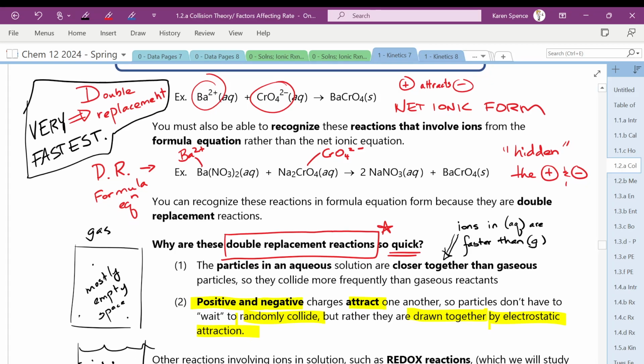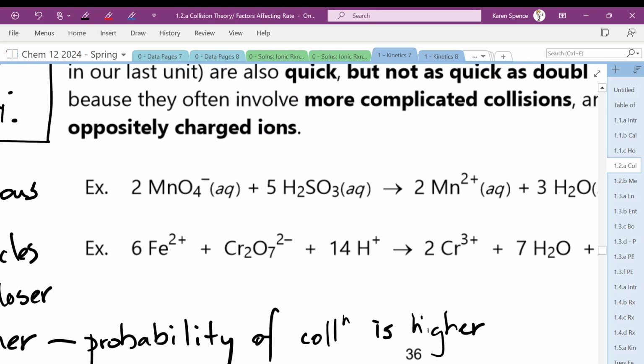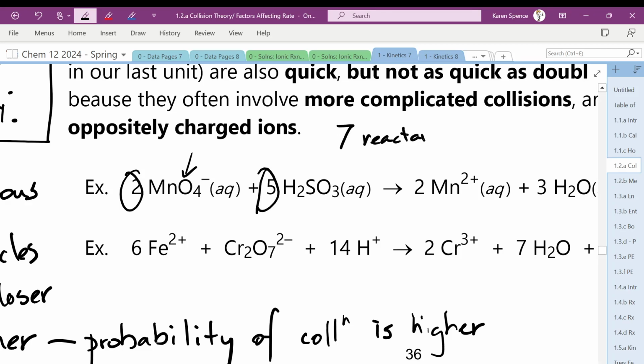So if we go down here, we're going to see, oh, look, I've got some ions in solution down at the bottom of the page. But what I've got is 2 manganese, yes? And I have 5 H2SO4s. How many reactant particles is that altogether? 2 + 5 is 7 reactant molecules.